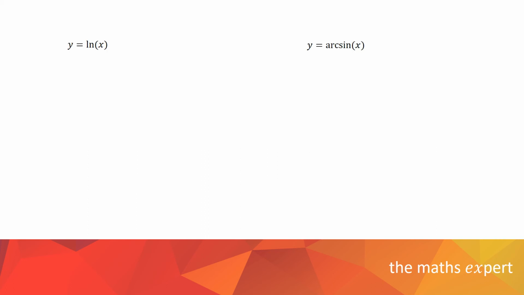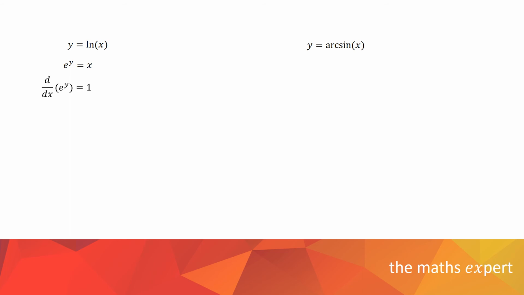Another application is to use implicit differentiation to find the derivatives of inverse functions. I'm going to look at y equals ln x and y equals arcsine x. My first step is to rearrange the expression to make x the subject, giving me e to the power of y equals x.